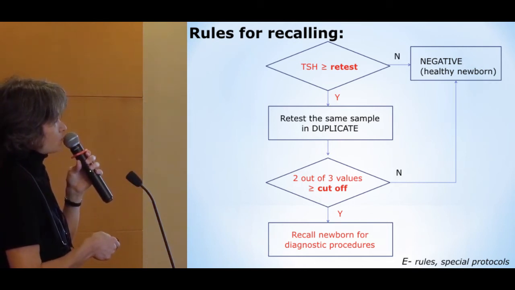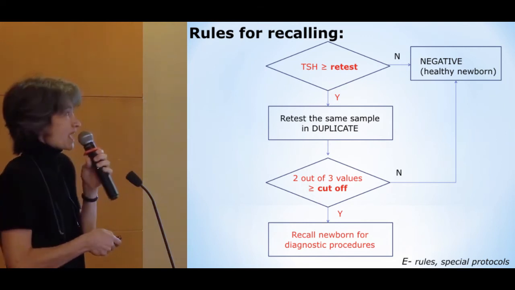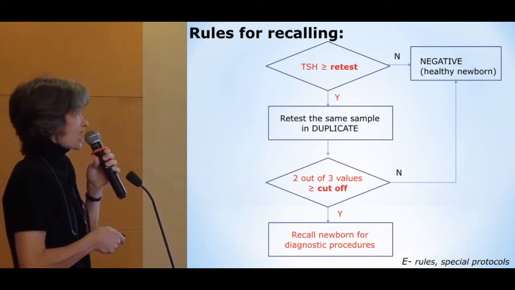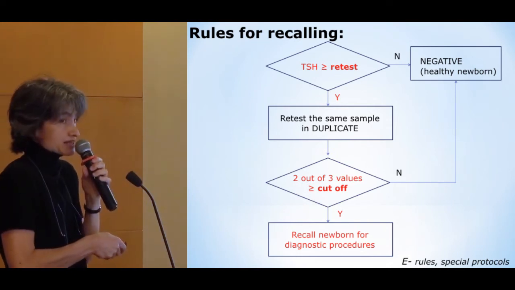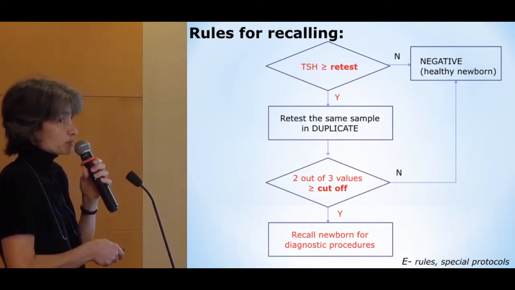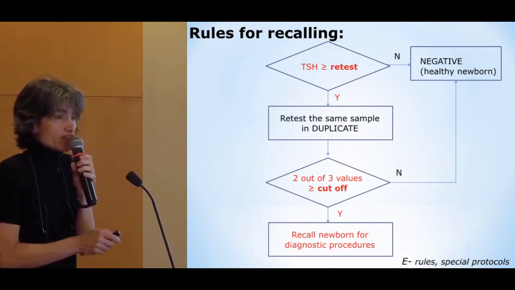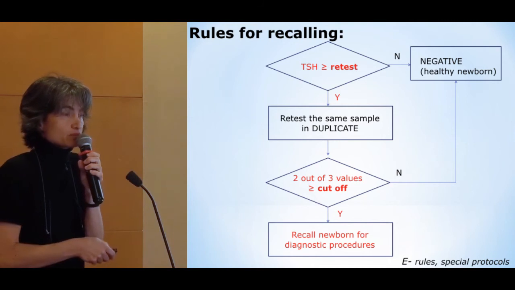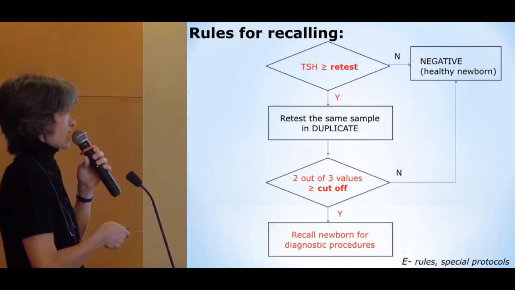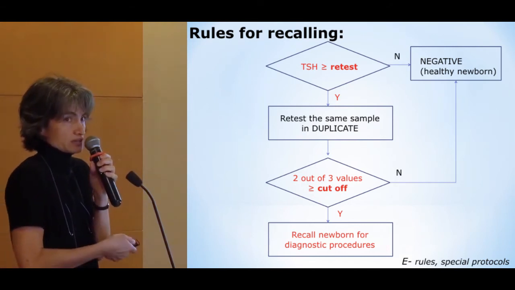If the first TSH that we measured on the sample exceeds the retest level, in this case, the same sample has to be retested in duplicate. That means you end up having 3 values for the same sample. One coming from the very first measurement, and the other two from the measurements made in duplicate.